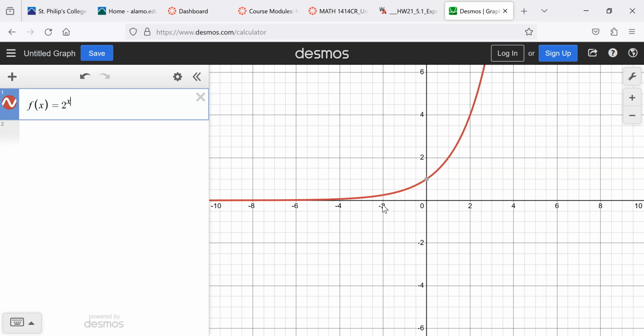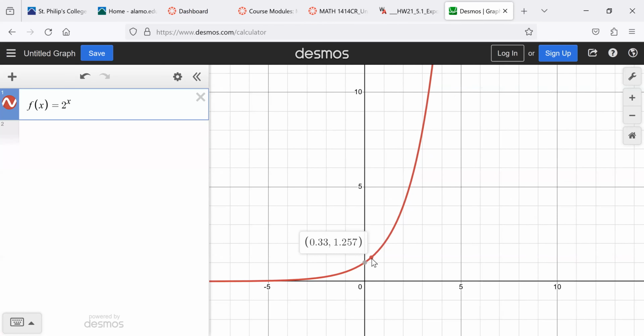Now you can see as x increases, the y goes up pretty quickly. But if I plug in negatives, it starts to approach 0. Although it never gets there, it gets infinitely close the more negative you get, but never hits 0.